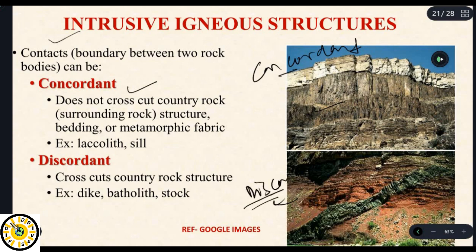And concordant discordant जो है, इसको हम किस बेसिस पे क्लासिफाई करते हैं?